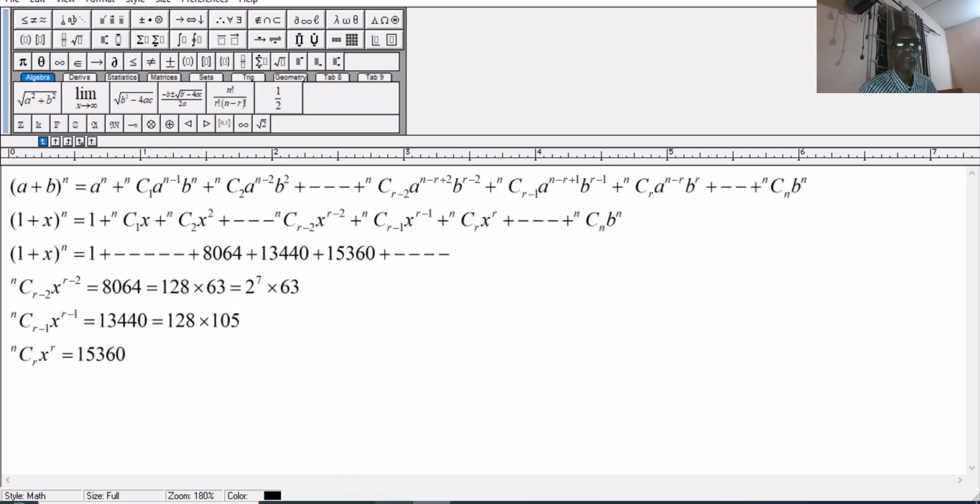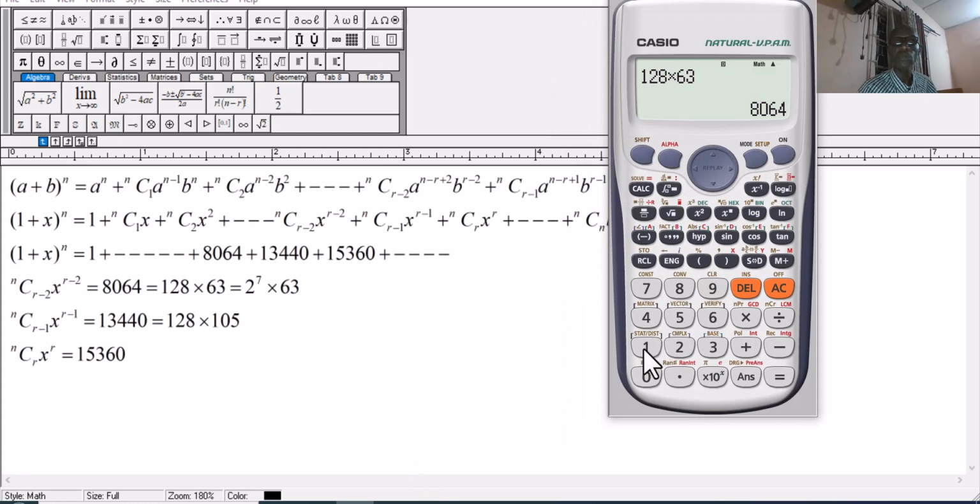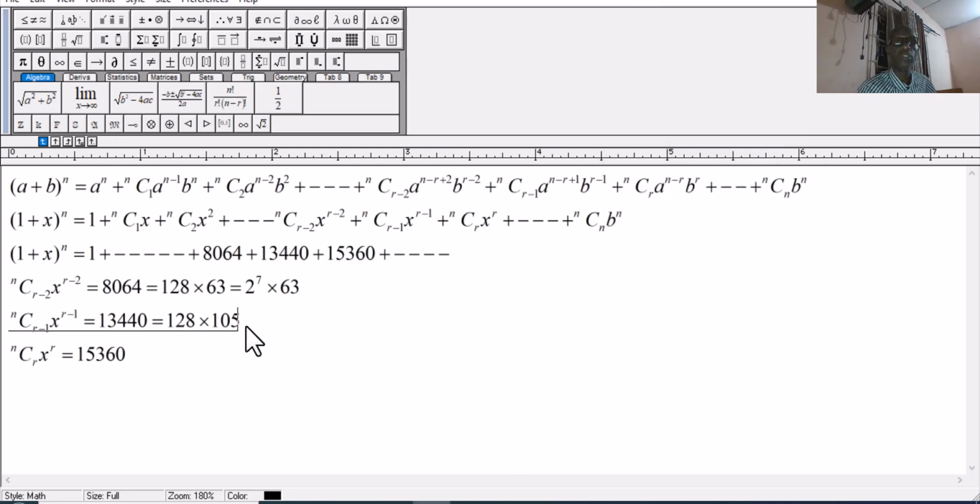Let's see what it will give us. 128 times 105, okay, that's also correct. So this implies 2 raised to the power of 7 times 105. Let's leave it like that.